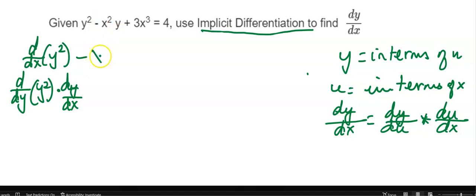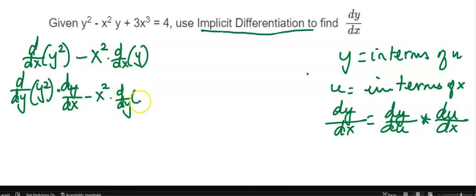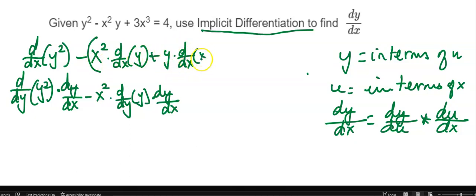So this will be x squared times d dx of y, which will become here x squared times d dy of y multiplied by dy dx. There's one more term, so let's put the parenthesis over here, plus y times d dx of x squared.